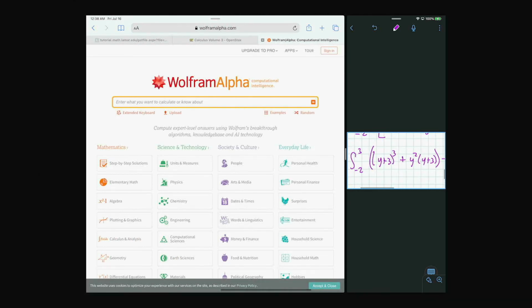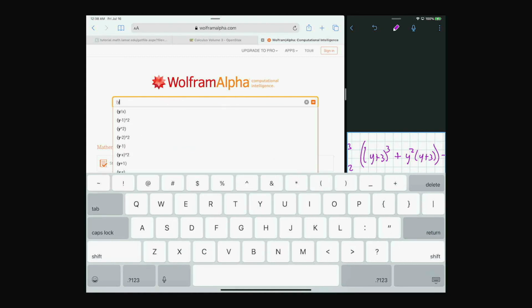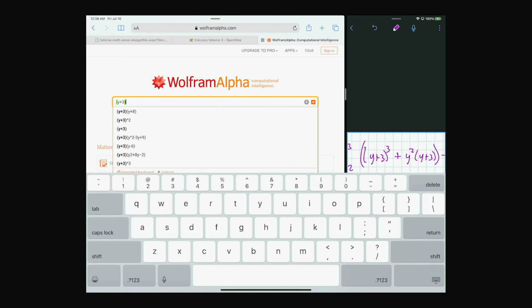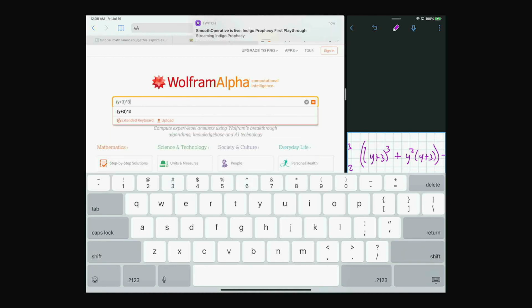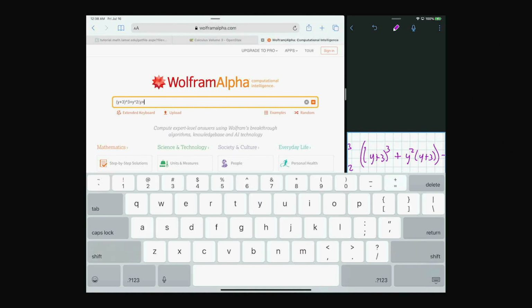So let's just work this out. So you just go, we got (y plus 3) cubed. Then you go plus y squared (y plus 3), like that.